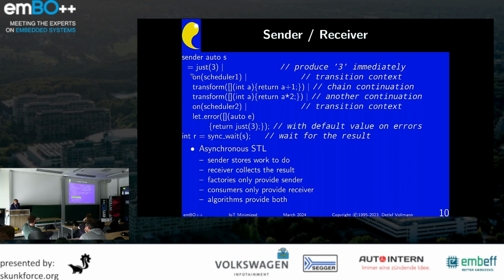So this actually has a receiver side, which is an incoming thing, and then it has a sender side, which is an outgoing thing. And factories, they only provide senders. So this is a factory. It doesn't accept anything, but it produces something. And consumers, those only consume something. They only provide the receiver, and this sync wait, that is a consumer in our case.